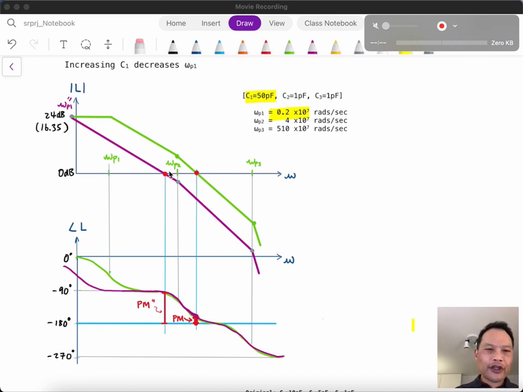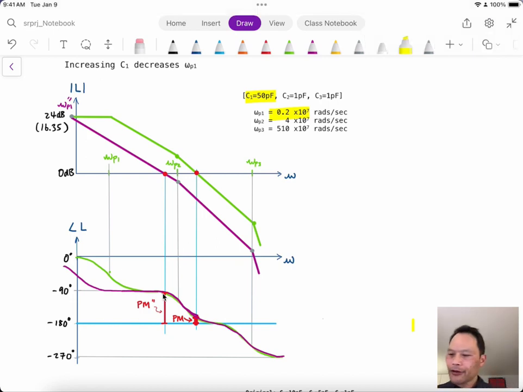Nonetheless, we've moved the unity gain frequency, so instead of reading it off here, we read it off now in this purple line at this point. So we go down here, and we can see that because the phase hasn't changed, but the gain has changed, we end up with a higher phase margin.